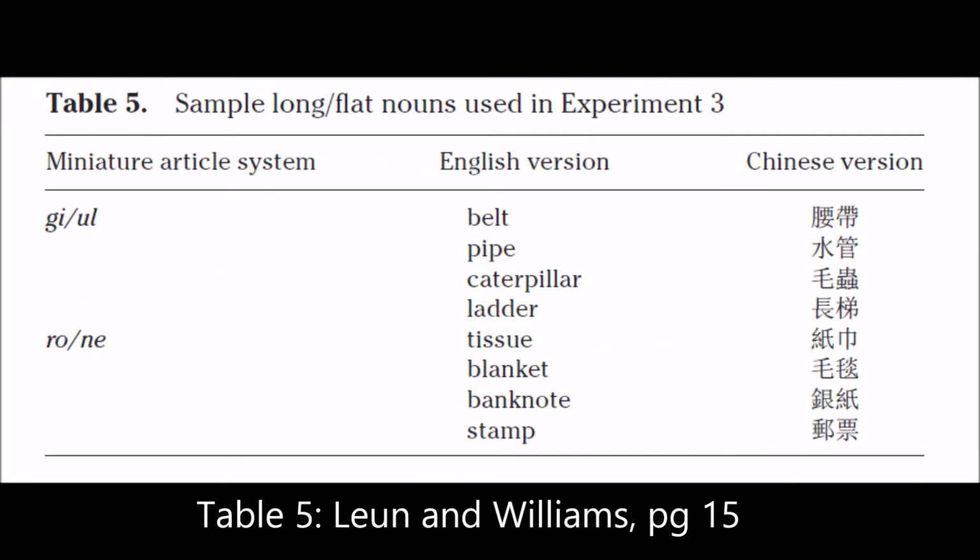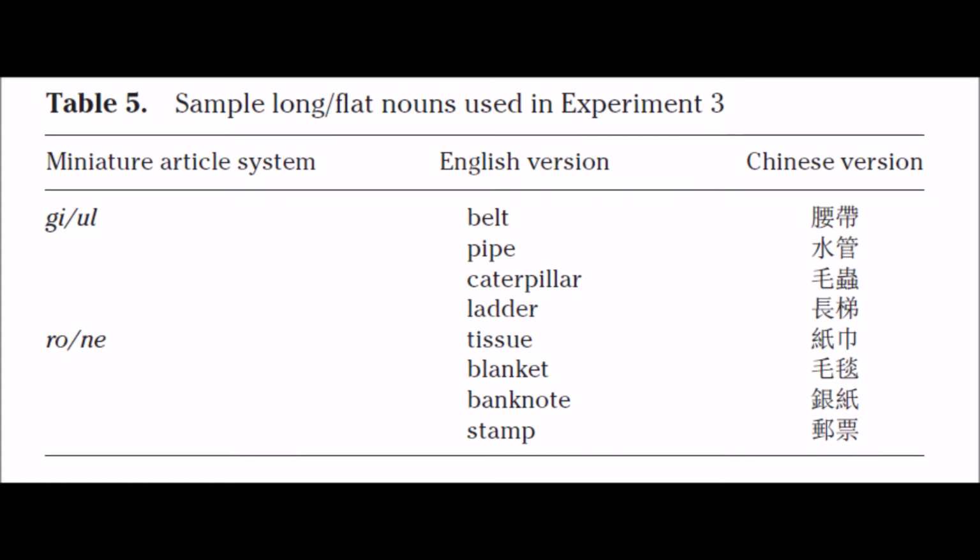The participants included 27 native English speakers and 31 native Chinese speakers. The same design was used in this experiment as the other experiments, except that long, as you can see in Table 5, versus flat, as a distinction became the hidden regularity governing article use in this experiment.